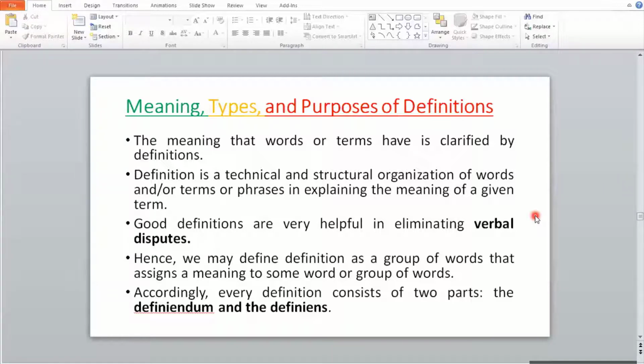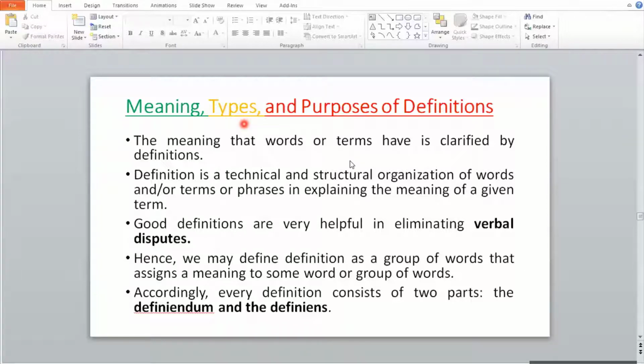Therefore, we may define a definition as a group of words that assigns a meaning to some word or a group of words. So accordingly, we have two parties in a single definition. Of course, we have seen these concepts in chapter 2, in recognizing non-argumentative passages from argumentative ones.